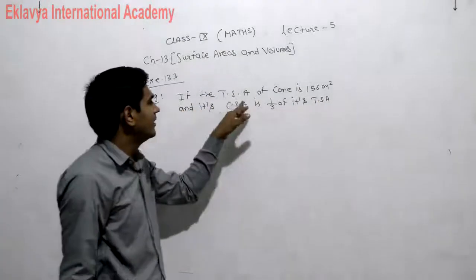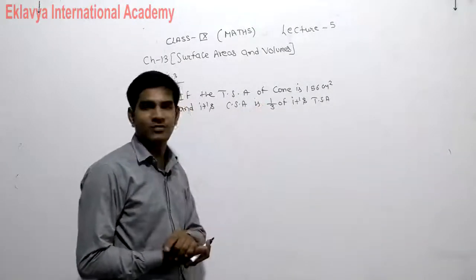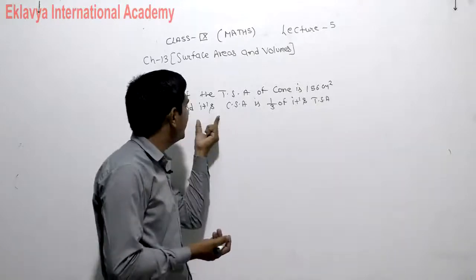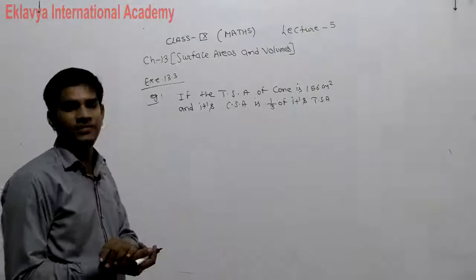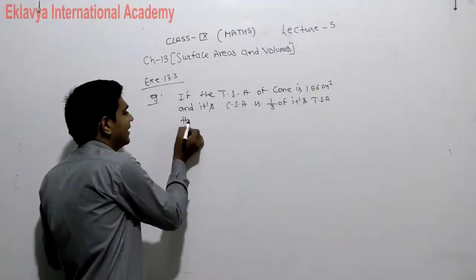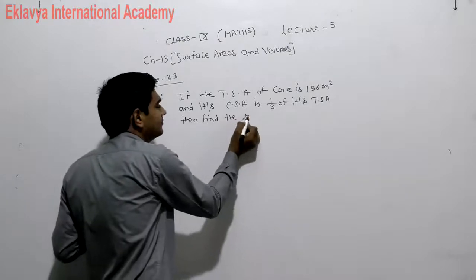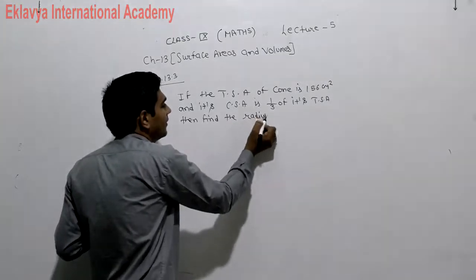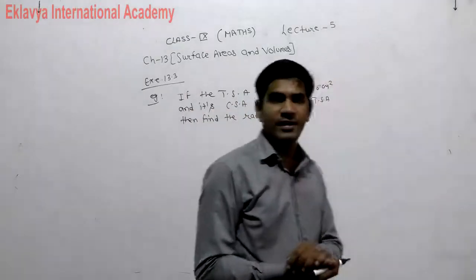If the TSA of the cone is 156 centimeter square and its curved surface area is 1/3 of its total surface area, then find the radius. So students, how will we find the radius?